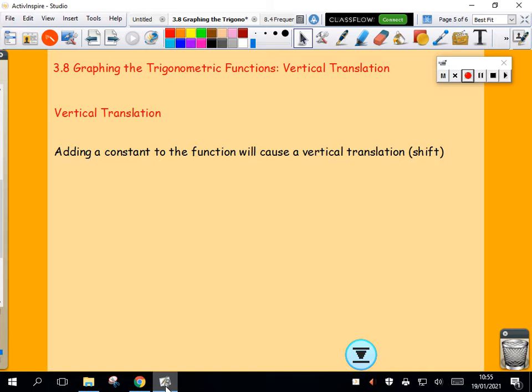Okay, so let me generalize that. And again, these are things you just have to learn by heart and remember, but understand them by practicing with GeoGebra. If I take the function f of x equals some constant a plus the sine function, what happens here? Well, what doesn't change? The period does not change.